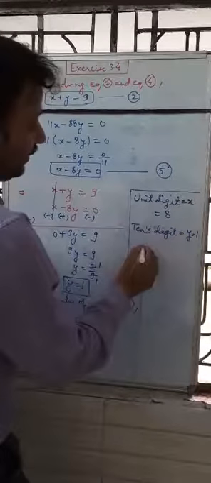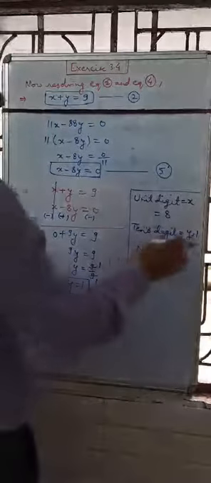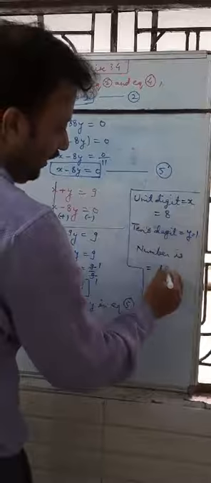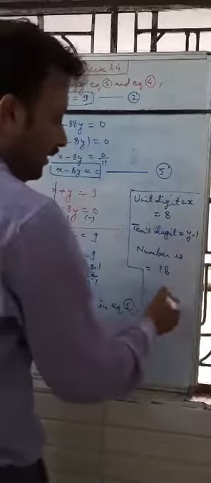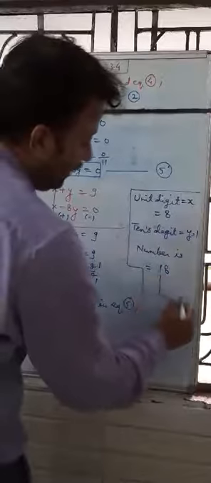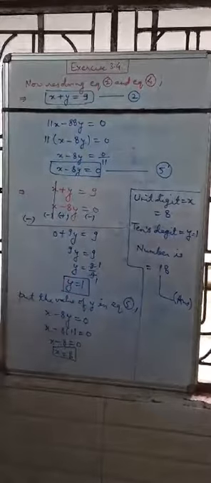So what may the number be? The tens digit is 1, so we write 1 here, and the unit digit is 8. The number is 18, or the number could be 81 also. It may be possible, but our answer is 18. Okay, so that is the solution of this problem.